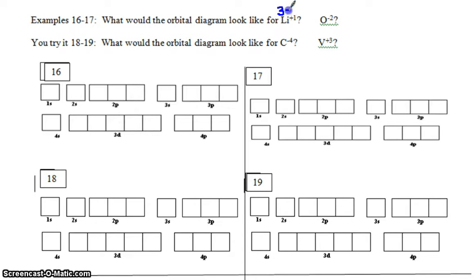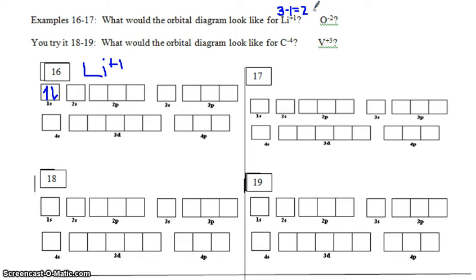So you kind of do the opposite operation. So we're going to subtract 1. And so for the lithium positive 1, is now 2 electrons. So I'm going to do that one right here by the number 16. So 2 electrons, those will just go in the 1s. So that's what lithium with a positive 1 charge looks like.